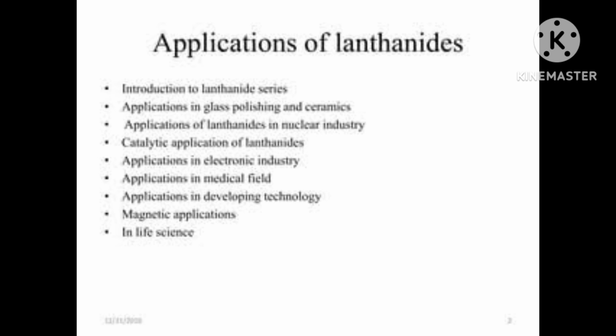Here magnesium is used, a magnesium-based alloy, just like iron-based. This Mischmetall is used in Mg-based alloy to produce bullet shells and lighter flint. Mixed oxides of lanthanoids are employed as catalyst.